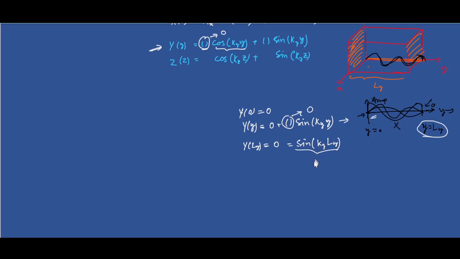This term will go to 0 when ky ly equals to ny pi. This is the condition we know for the sine function to be 0. The argument of the sine function will be an integer multiple of pi, where ny equals to 0, 1, 2, and so on.